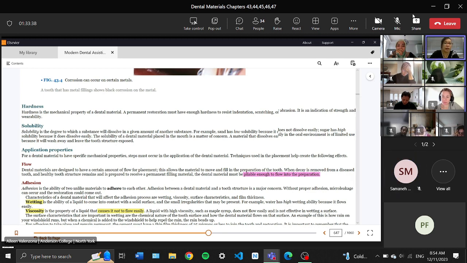So hardness is the mechanical property of a dental material. A permanent restoration must have enough hardness to resist indentation, scratching, or abrasion. It is an indication of strength and wearability. So hardness is very important. Our mouth, we use it all the time: talking, chewing, grinding, clenching.